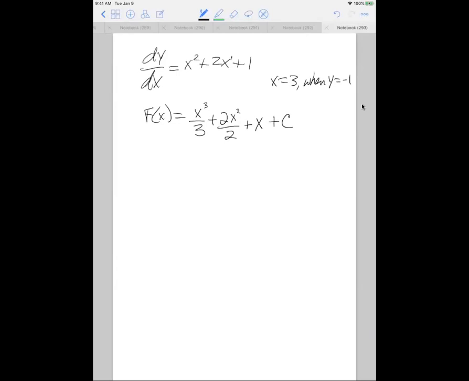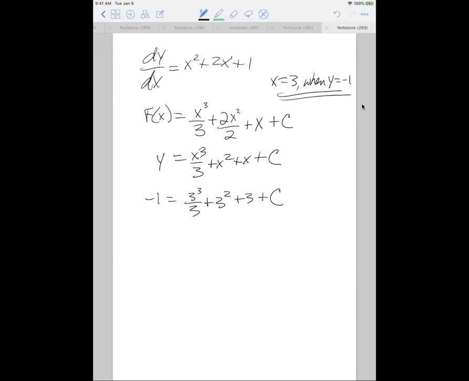So let's simplify this. So we end up with x to the third over 3 plus x squared plus x plus c. And now we're going to plug in our boundary condition. This is F of x, or we call this y to simplify that. So we've got negative 1 equals 3 cubed over 3 plus 3 squared plus 3 plus c. That's an important part. And the goal here is to solve for c.